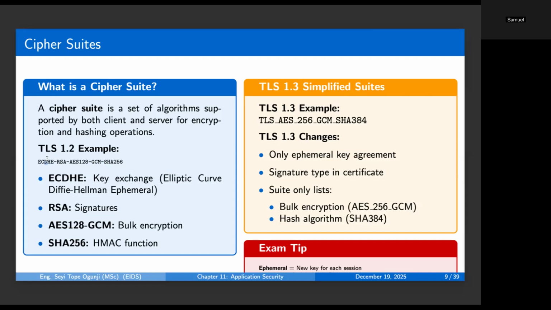This is how this algorithm is used for key agreement. Then ephemeral simply means, just like we say anything in this world is ephemeral, that anything in this world does not last. It's just for a while, transient. So it means that for every new session you initiate, for every new process you initiate during the course of your activity, a new key will be created.